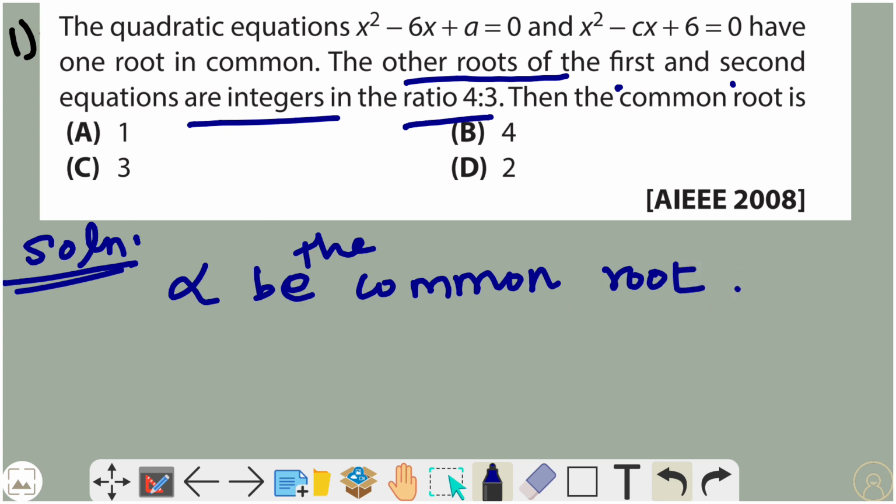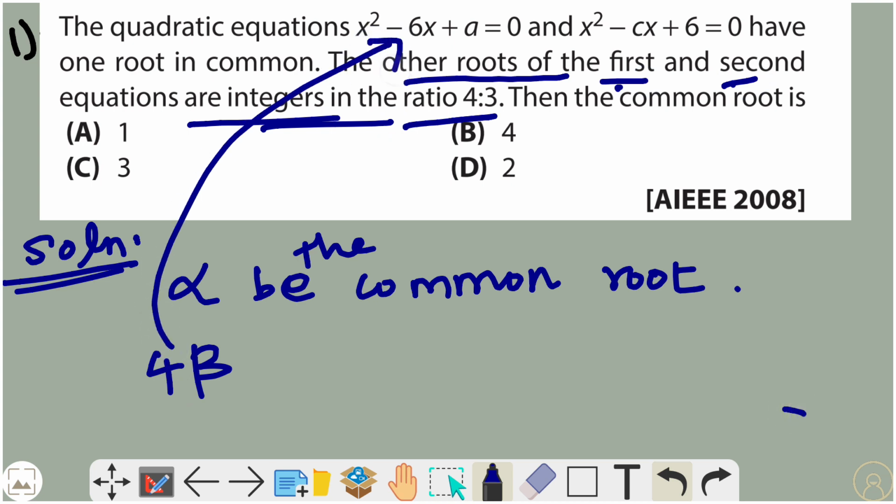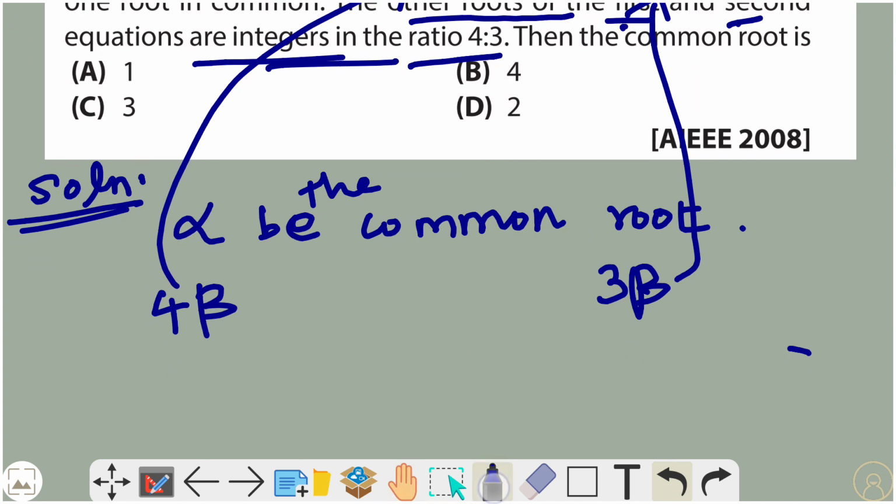The other roots are in the ratio of 4 beta and 3 beta: 4 beta for the first equation and 3 beta for the second equation. And alpha is the common root for both equations.